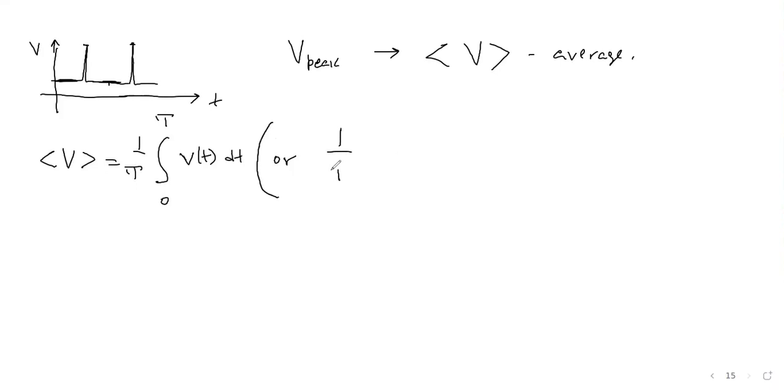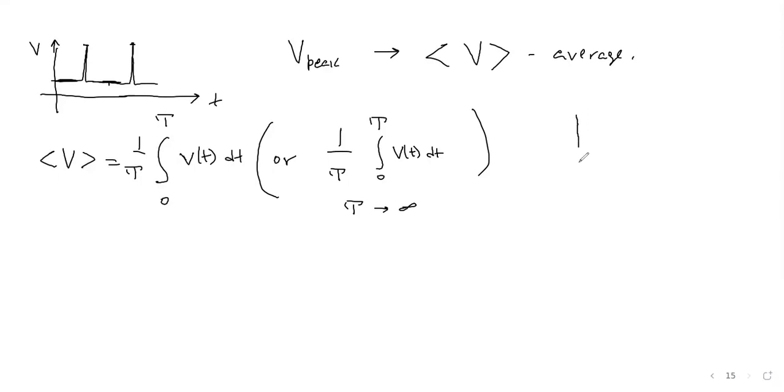So you just select some time, and then you take a limit when time goes to infinity. But we work with signals which repeat themselves, so they have a period. So that could be enough for me to use the definition like this.